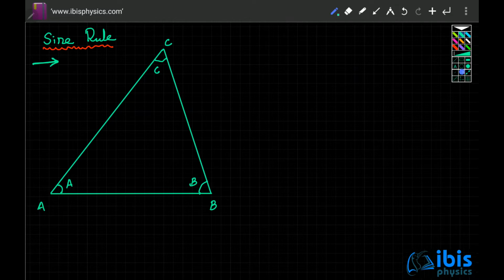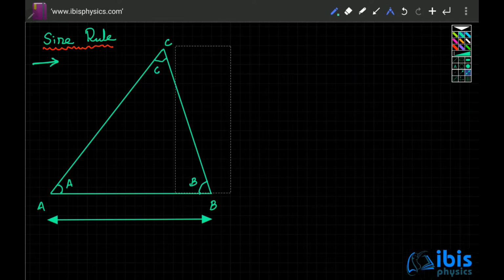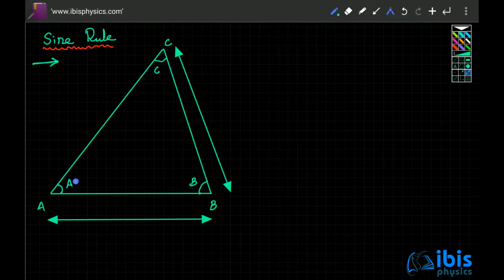Let us consider this length as c. Let us consider this length of the triangle, which is opposite to A, and call it a. And let us consider this side of the triangle, which is opposite to B, and call it b.